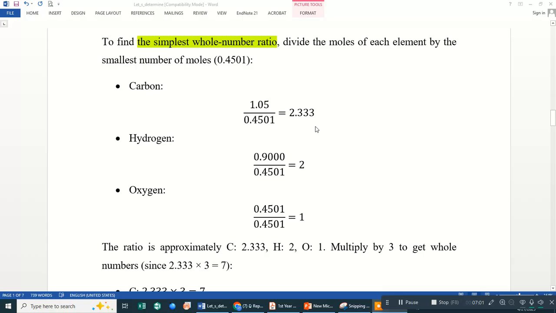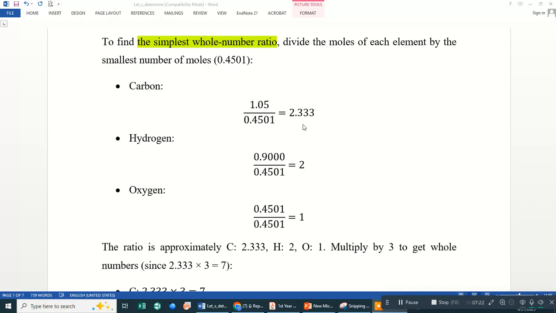If any of the answers is a fraction, change this fraction into whole numbers by multiplying with a suitable number. If we multiply 2.33 by 3, the answer is 7, which is a whole number.